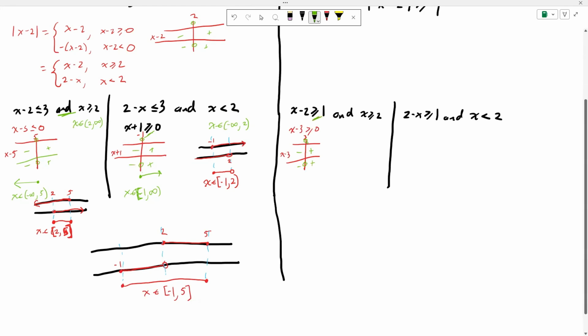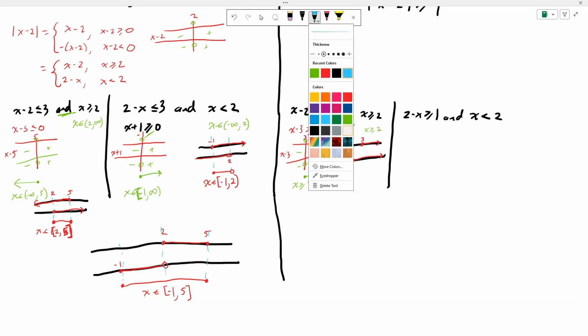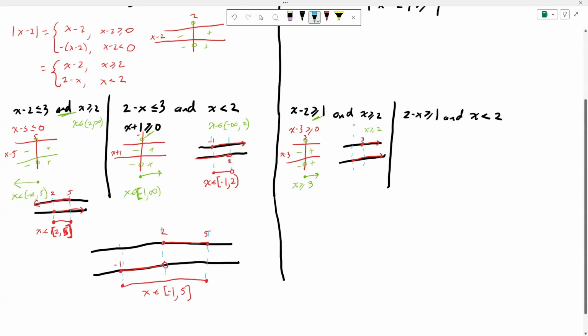My inequality is greater than or equal to, so I include 3 and go further. x is greater than or equal to 3. And here we have x is greater than or equal to 2. So taking these two inequalities and intersecting them, we get 3 and bigger for our first, and our second is 2 and bigger. When I intersect them, I look at the key points for each of my lines, and I take the and, or both, which is 3 and positive. So x is in the interval 3 to infinity.